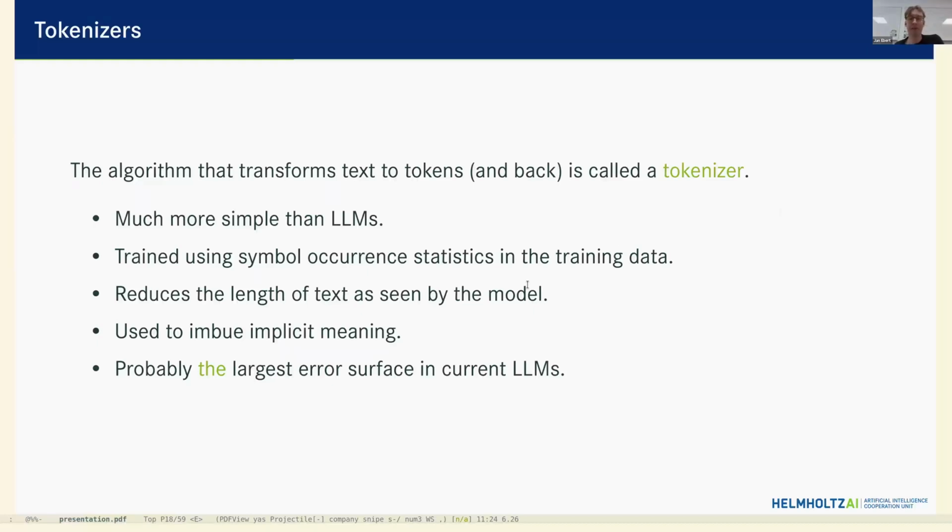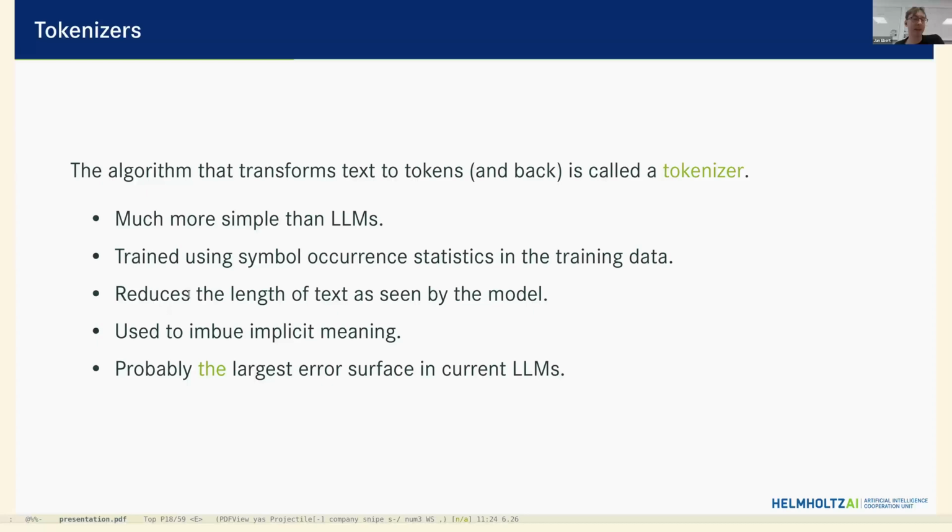For example, they reduce the length of text as seen by the model, because the model only sees these numbers, right? It doesn't know how long the tokens are that the numbers represent. And the longer the text, the longer we have to calculate with our model. So it is always desirable to have shorter texts.